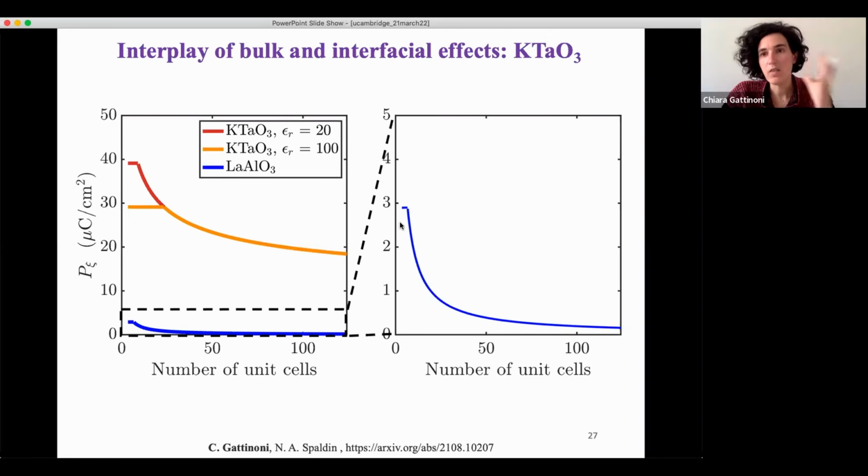And even in that case, at very thin level, so 4 or 5 unit cells, it will develop a very small ferroelectric polarization in response to the fact that it has charge layers. Now, we can't really do anything with 3 microcoulomb per centimeter squared of ferroelectric polarization, but this is the very opposite end of the spectrum. So there will be a lot of variance between these two materials.